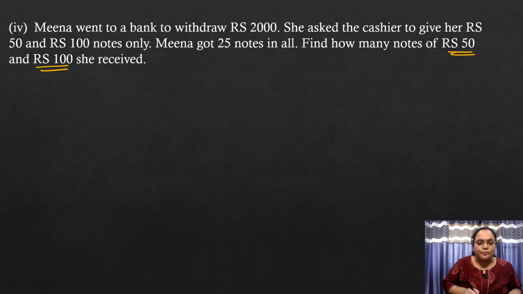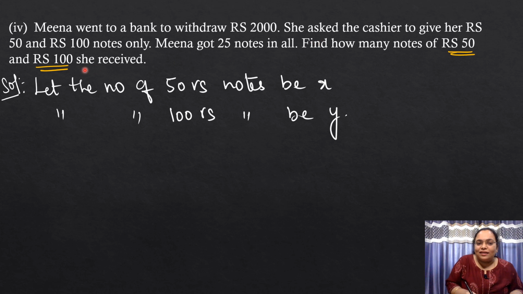Let us assume 50 rupees notes to be x and 100 rupees notes to be y. She asked the cashier to give her 50 and 100 rupees notes only. So, Meena got 25 notes in total.